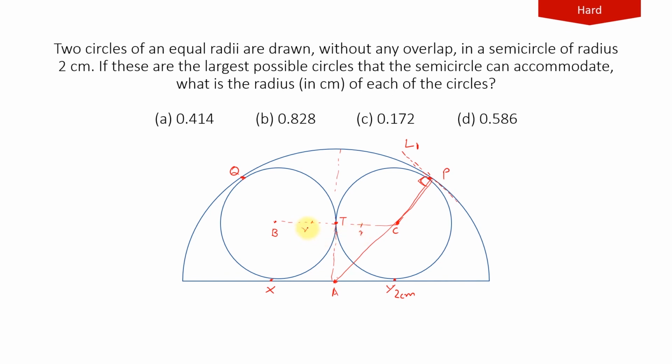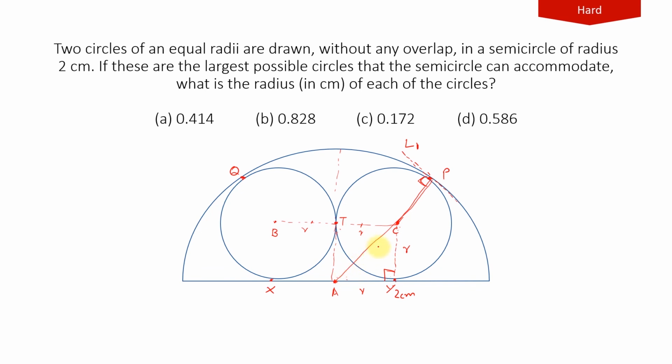Now if I join point CY, since the diameter of the semicircle touches the circle at only one point, this diameter is like a tangent to the circle. So the angle between CY and the diameter is 90 degrees. We know that CY is equal to radius R. AY, which is same as CT, is also equal to radius R.